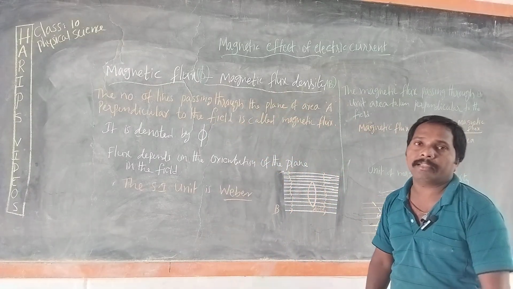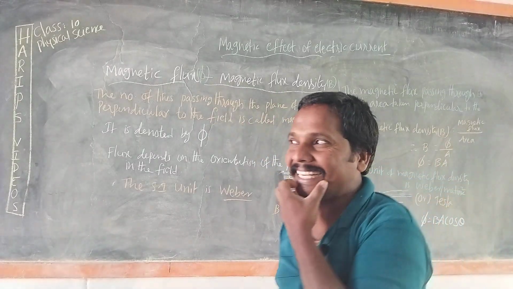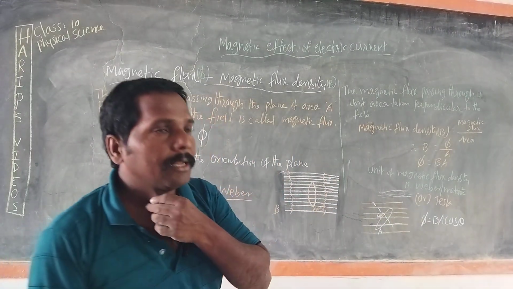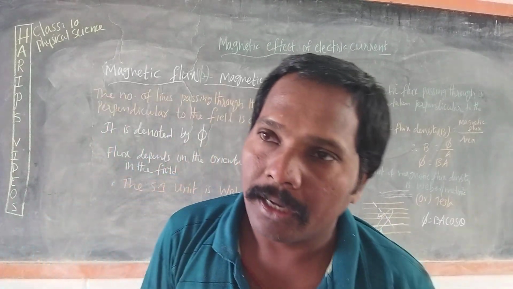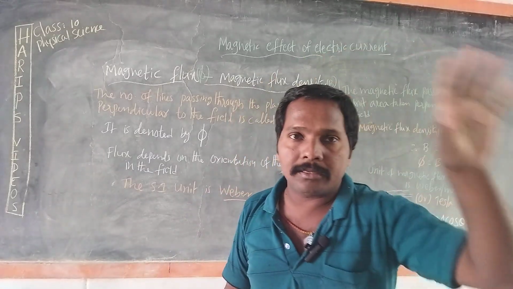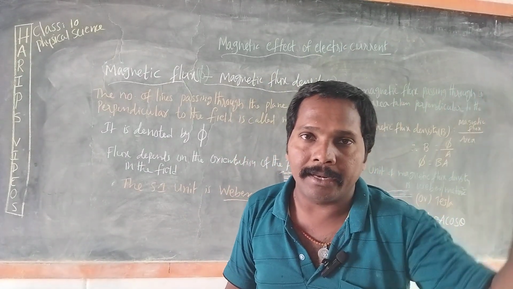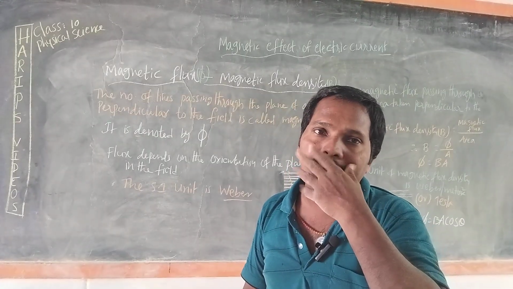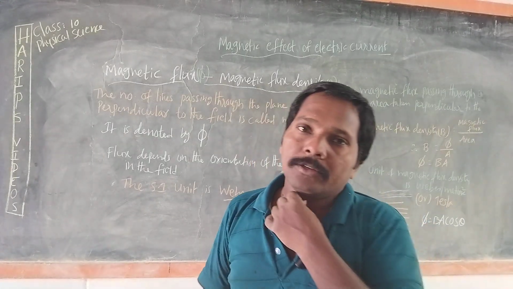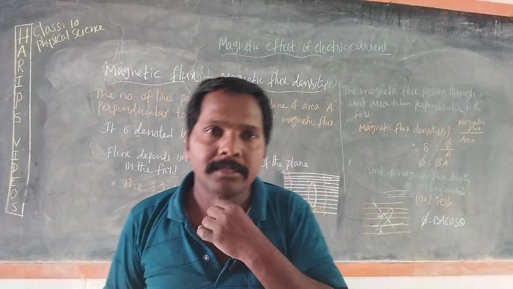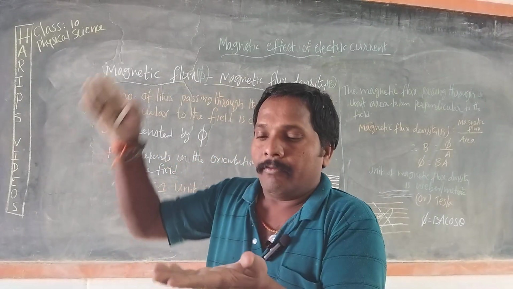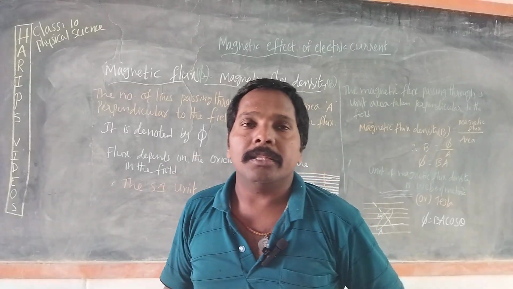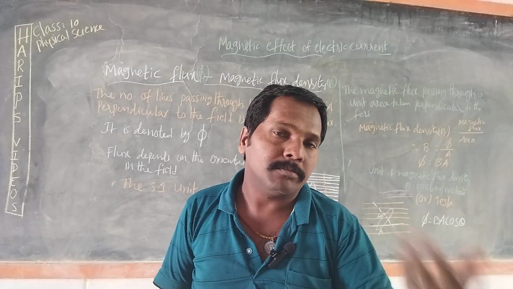Let us come to our topic: magnetic flux and magnetic flux density. Remember that we understood the magnetic field: the space surrounding a magnet is called the magnetic field. If the magnetic field lines are very close to each other, then the magnetic field strength is more.